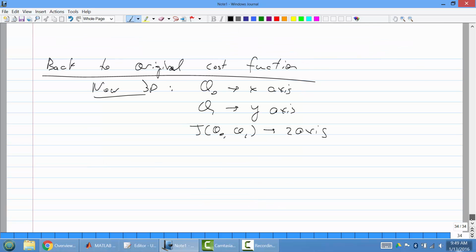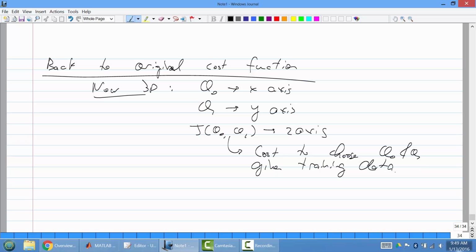What this means is that this is the cost to choose theta 0 and theta 1 given the training data. You usually get a 3D surface plot.